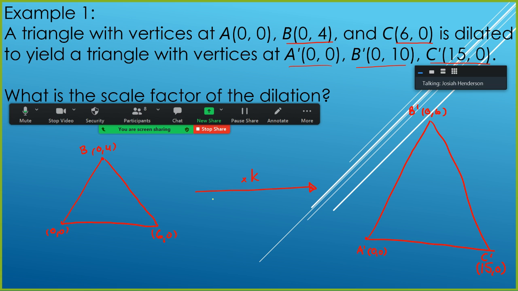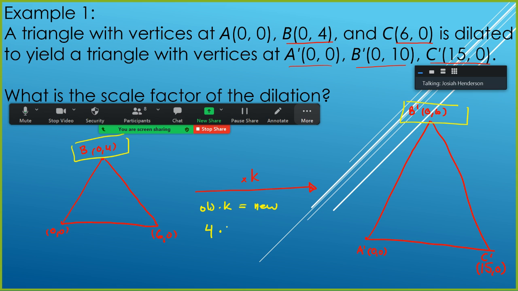So remember the formula from the last screen is old times k for scale factor equals the new figure. So let's check out the B point, 0, 4, and the B prime at 0, 10. So notice 0, 4 to 0, 10, the x isn't changing here because it's a 0. 0 times the number is still 0. But the 4 changed to a 10. So we can plug those into our formula.